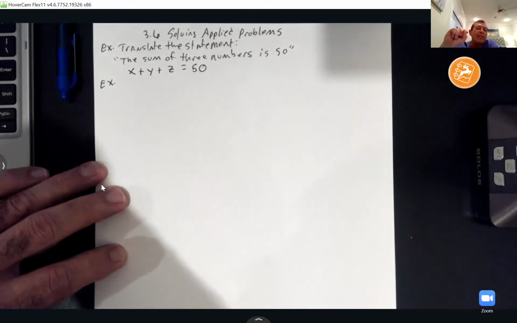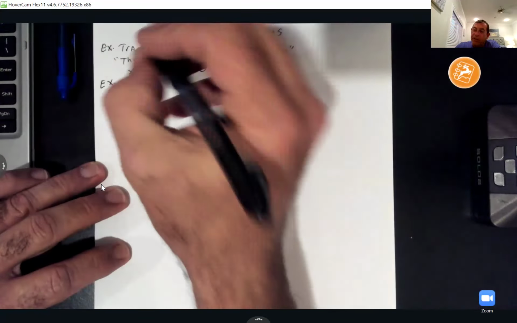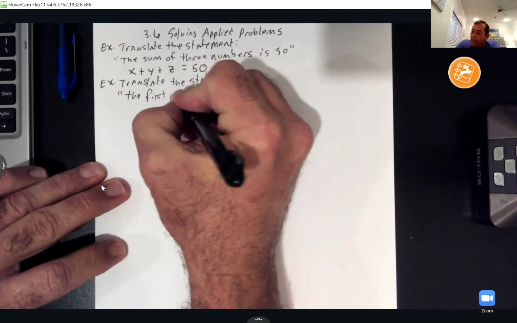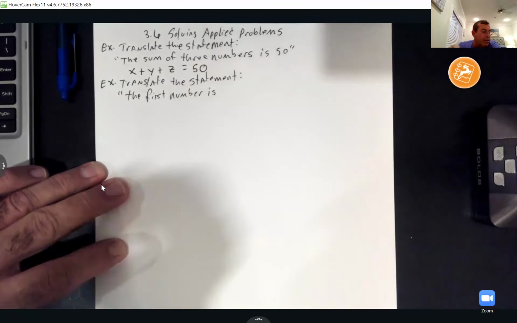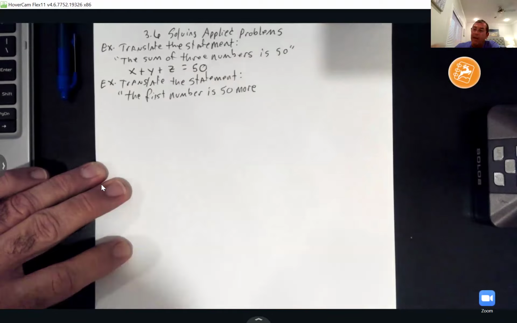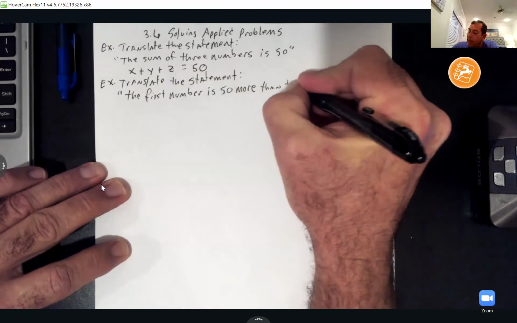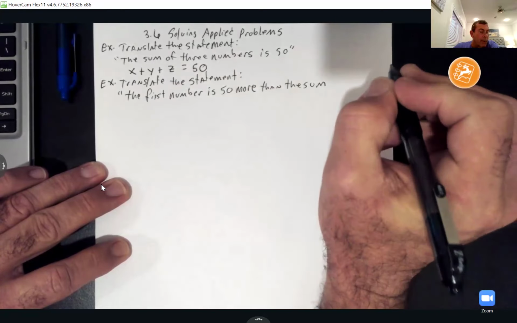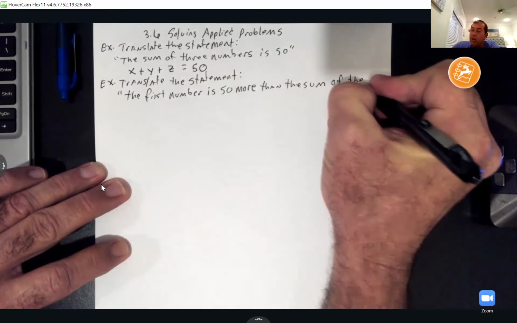So y'all, the same thing on this second one here. We're going to translate the statement again. So this time they say the first number is 50 more than the sum of the other two numbers.